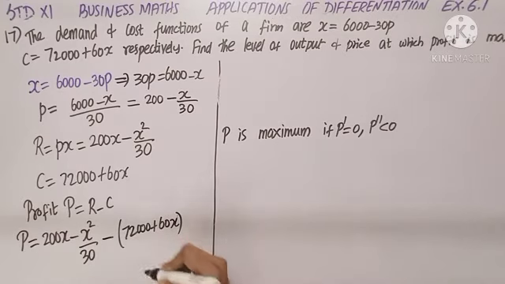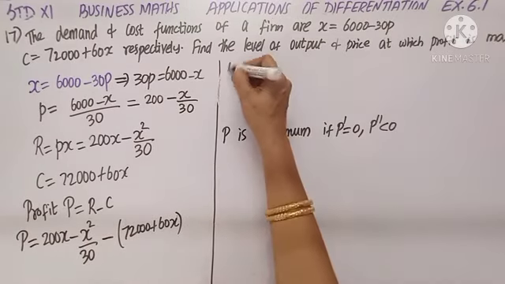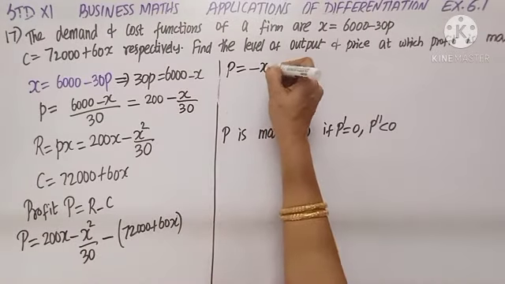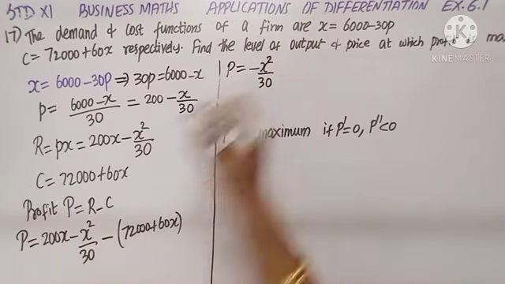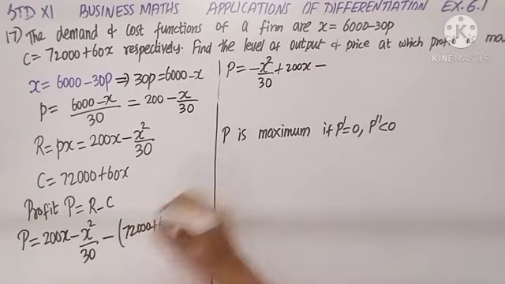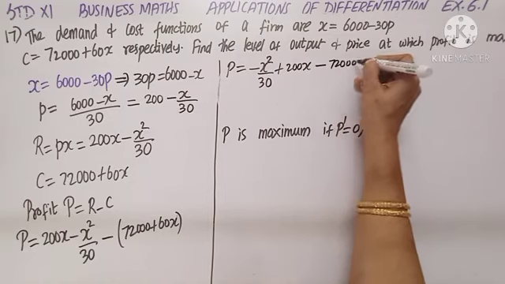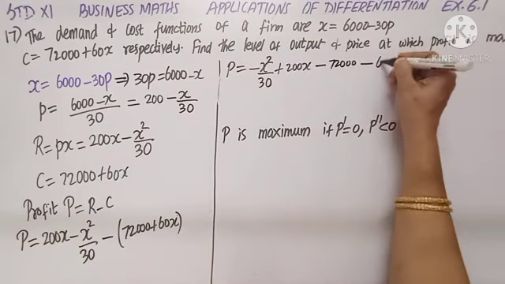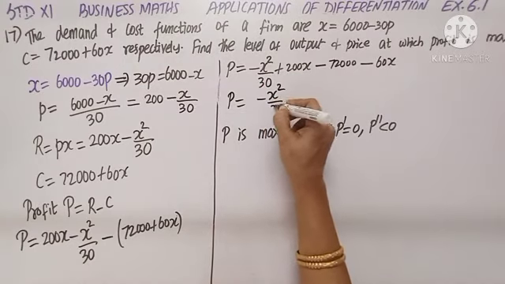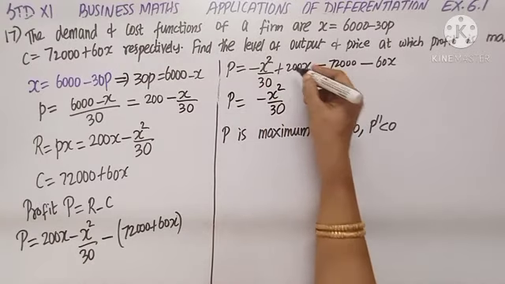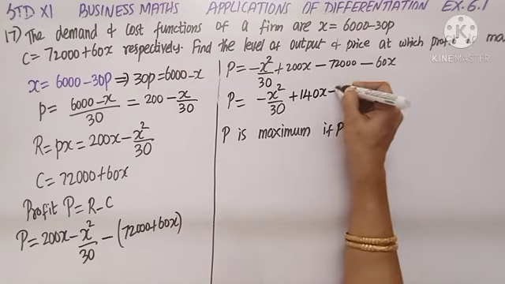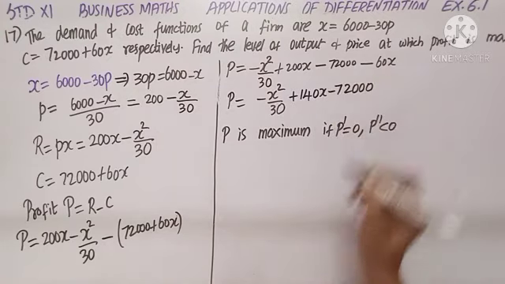As we simplify this, P equals, we will write this term first, minus x square by 30 plus 200x minus 72,000 minus 60x, or it is minus x square by 30, 200x minus 60x is 140x minus 72,000.